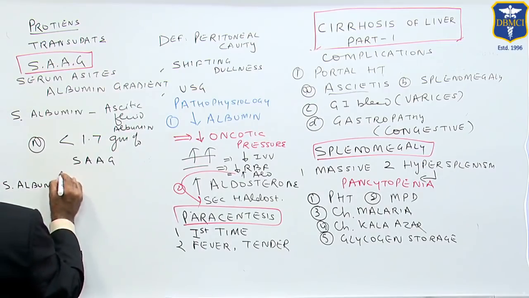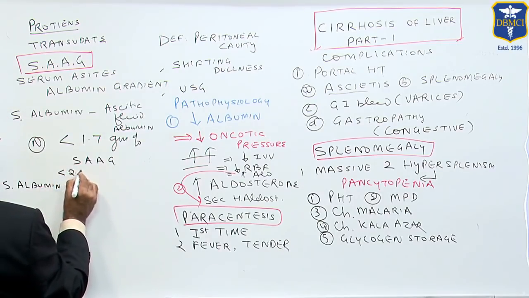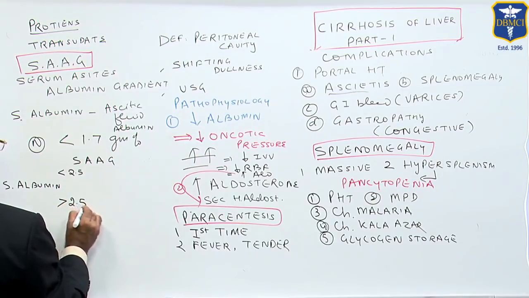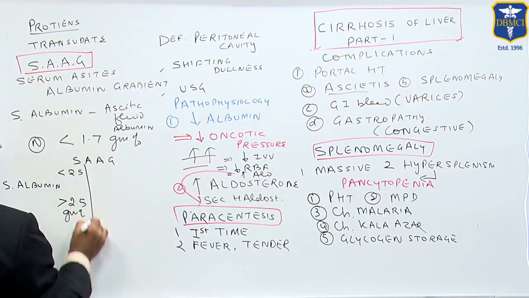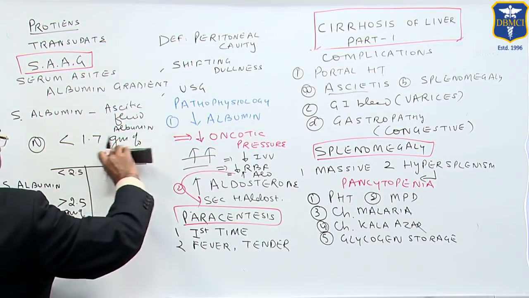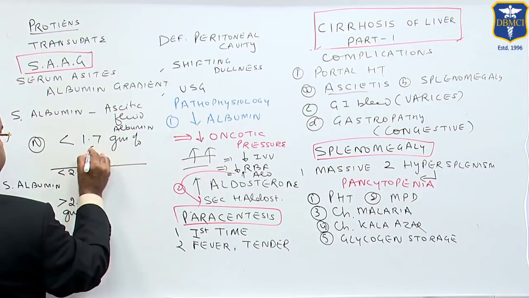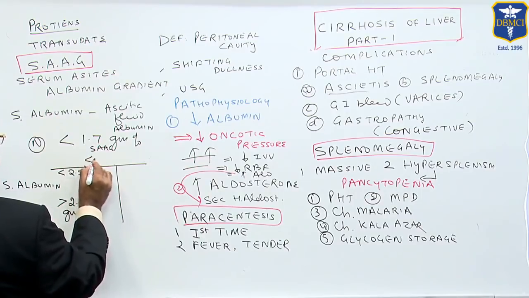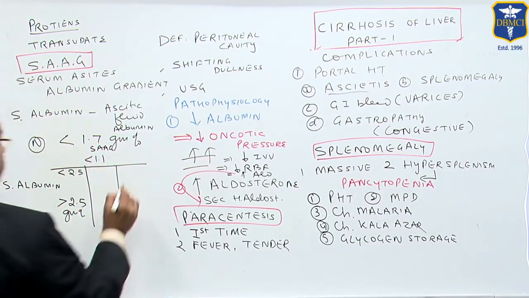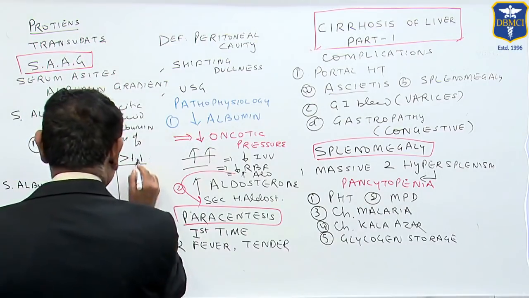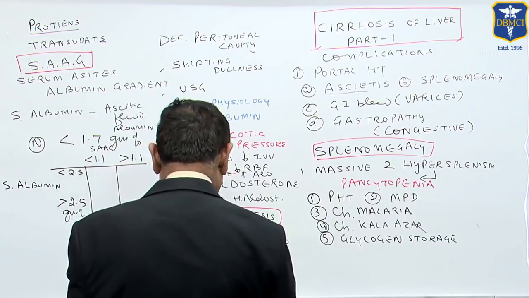Serum albumin less than 2.5 gram percent, more than 2.5 gram percent, and less than 1.1, more than 1.1 gram percent is there.